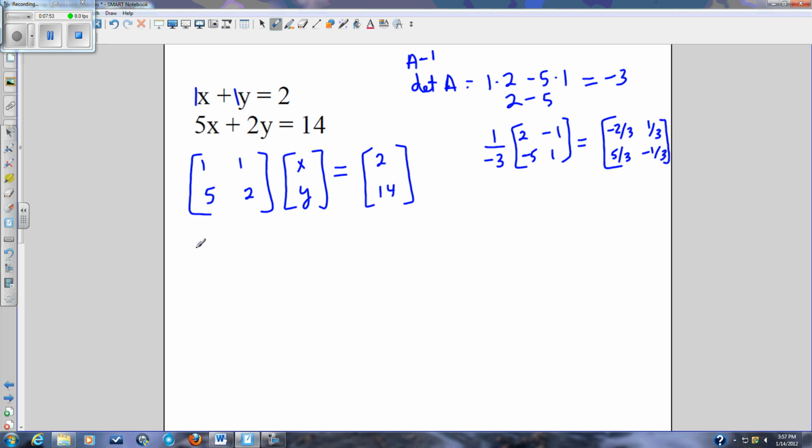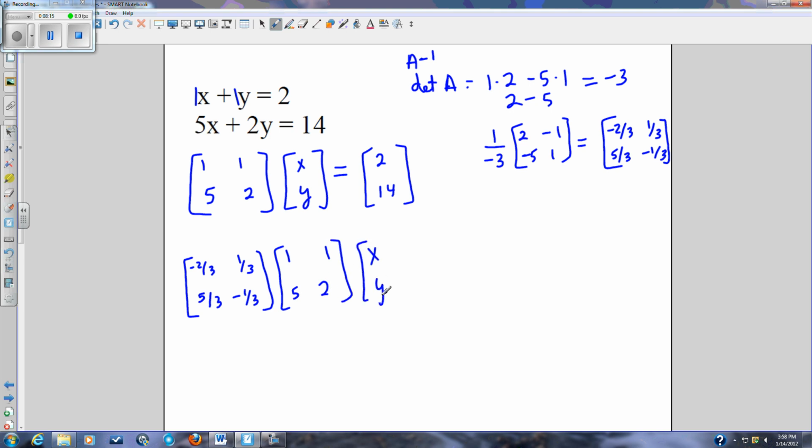Okay, so we're going to multiply each side now by that inverse matrix. So we're going to have negative 2/3, 5/3, 1/3, negative 1/3 times 1, 1, 5, 2, and then x and y equals negative 2/3, 5/3, 1/3, negative 1/3 times 2 and 14.